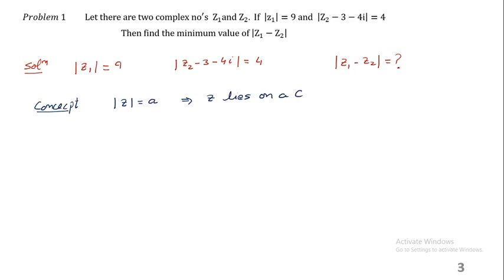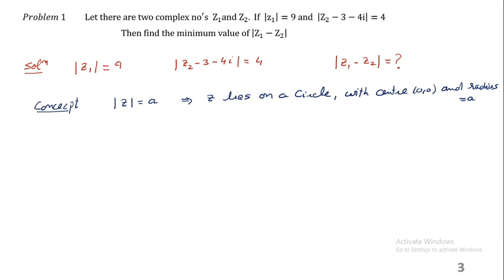The locus of z is a circle with center (0, 0), its center is the origin, and radius a. Just notice that a is written on the right side. That is the radius, and it is the magnitude of z, so it has to be positive, and it will be a real number.